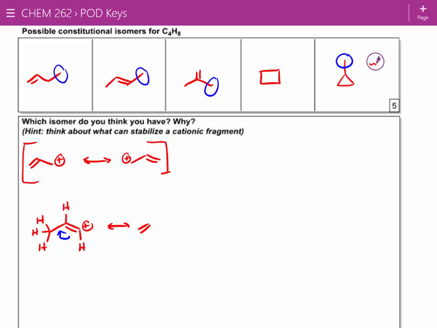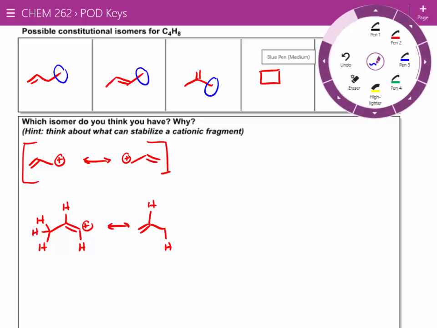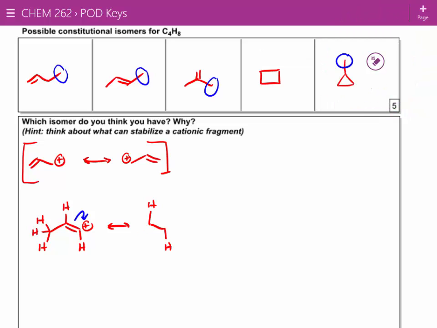I'll draw it out anyways just to prove a point. Oops. Shoot, I'm messing up my resonance structure that I was trying to do because it doesn't work. Let me redraw this really quickly. This isn't a very good resonance structure, is it?